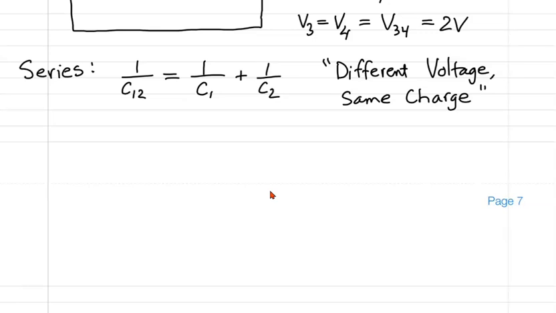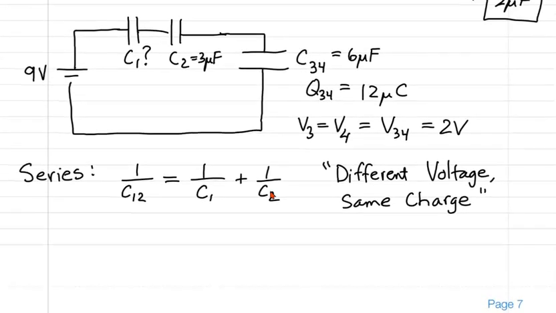Here, capacitors in series do not see the same voltage because there's a voltage drop here, and then another voltage drop here, and then another voltage drop here. Together, you add all those voltage drops, and it should equal 9 volts. But the charge will be the same.